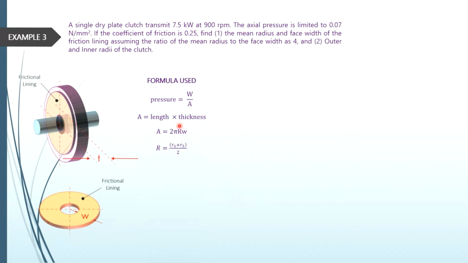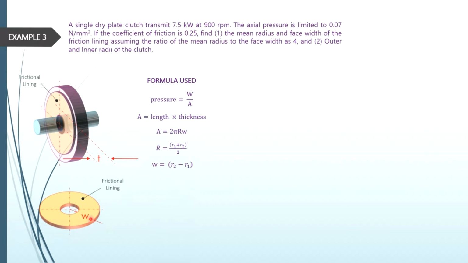We know that this r here is actually the mean radius, because now you are looking at this as an overall. So the r here should be your mean radius, so you take r1 plus r2 divided by 2.